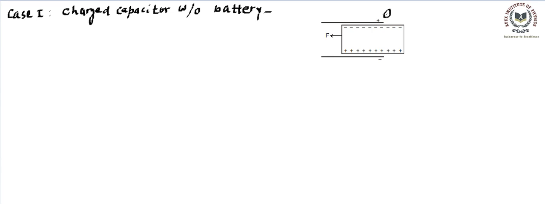Let's say the charge on the capacitor is Q, and K is the dielectric constant of the material, and the rest of the parameters are the same as we have talked about. So we can find out how much this force is going to be. We can write what the energy at that particular instance is going to be, the energy stored in the capacitor, and that's energy because of a conservative field, that is the electric field. And this stored energy in a capacitor is written as Q square upon 2C.